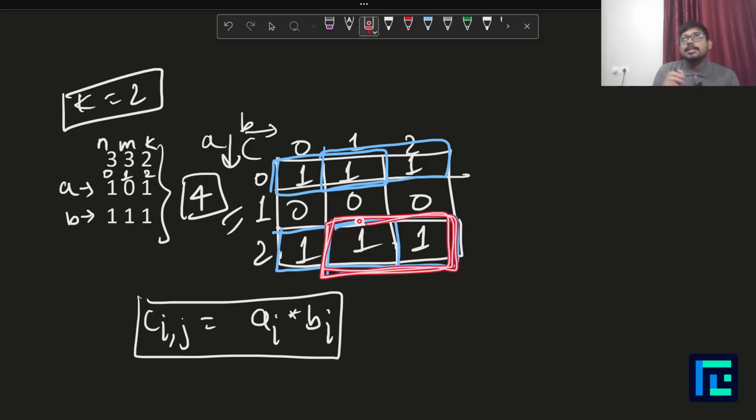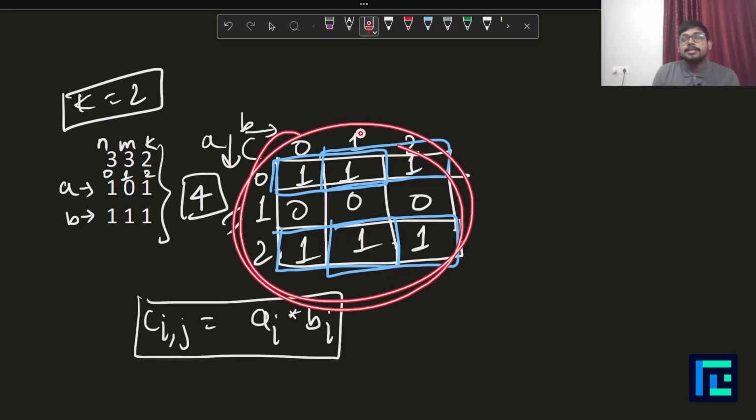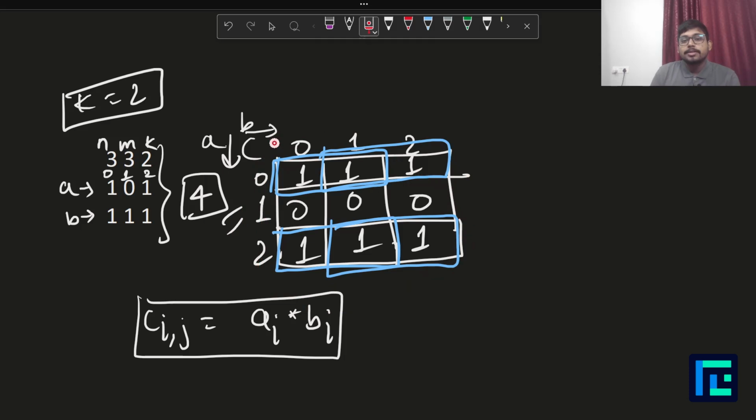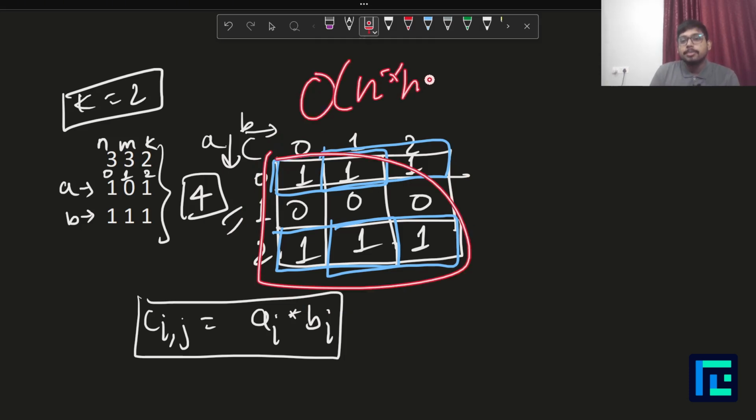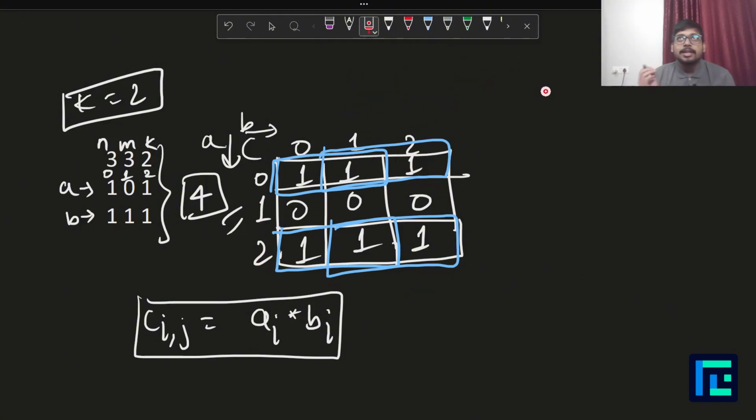Obviously we cannot form this whole matrix C, because forming it would take an order of n into m time in itself. That would give us a TLE. So it's not possible to actually form this matrix C and then find our answer.